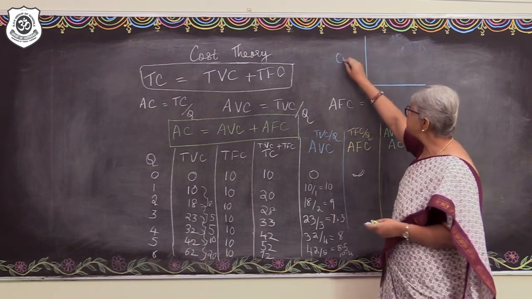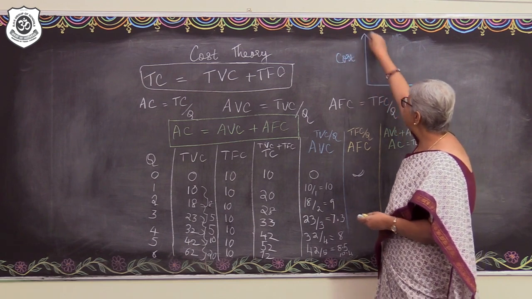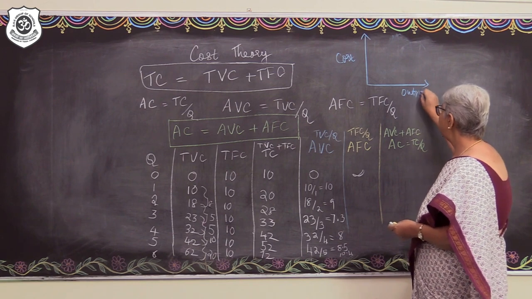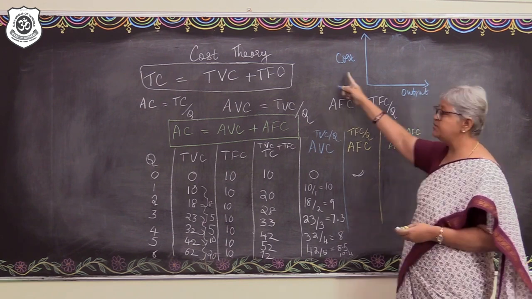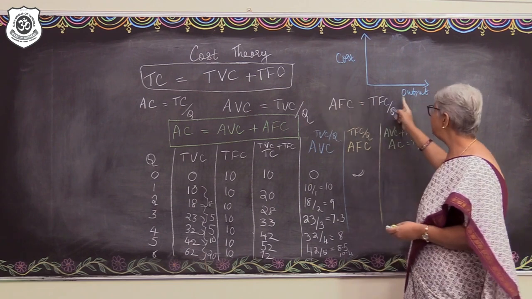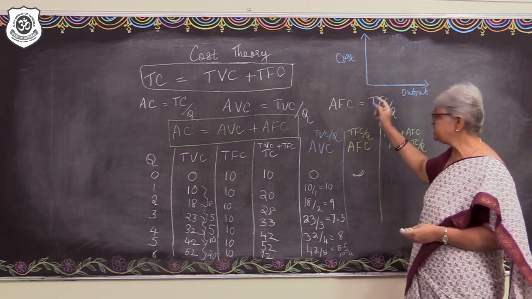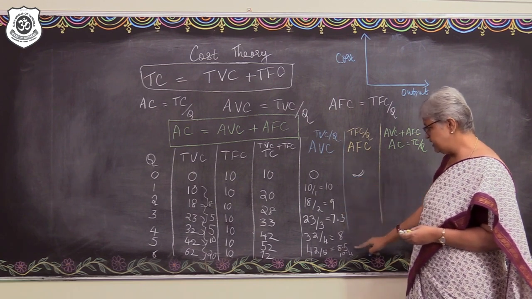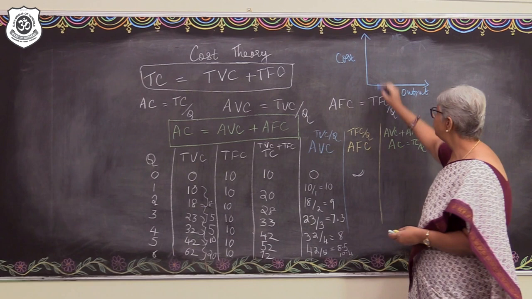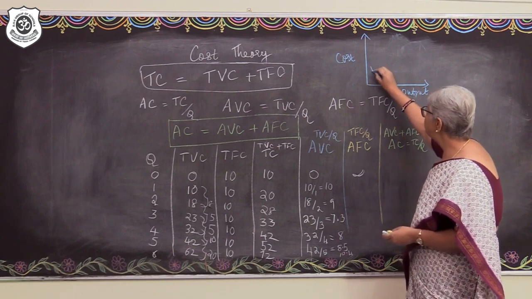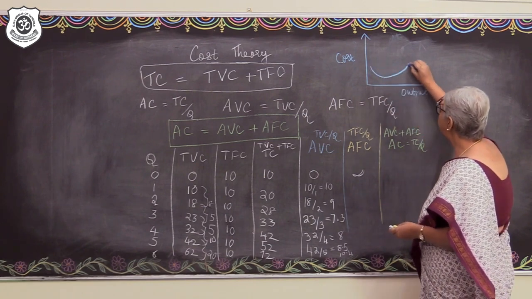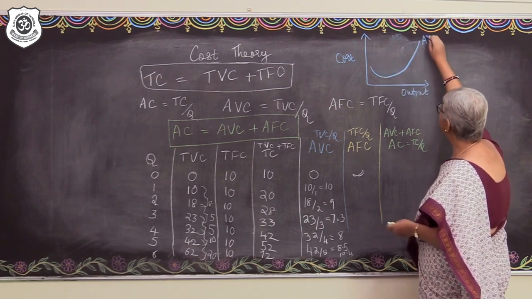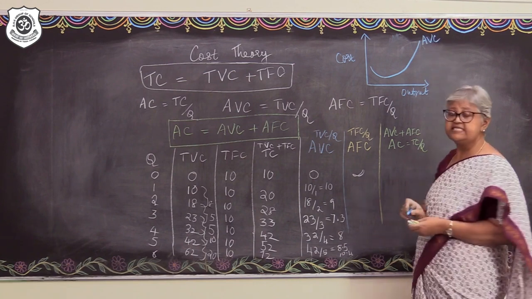So we are going to have the cost here and the level of output out here along the x-axis. The cost is measured along the y-axis and the level of output is measured along the x-axis. Average variable cost, it falls and then it starts to increase, right? So if you show the curve, then the average variable cost curve, the AVC, it falls and then it increases.